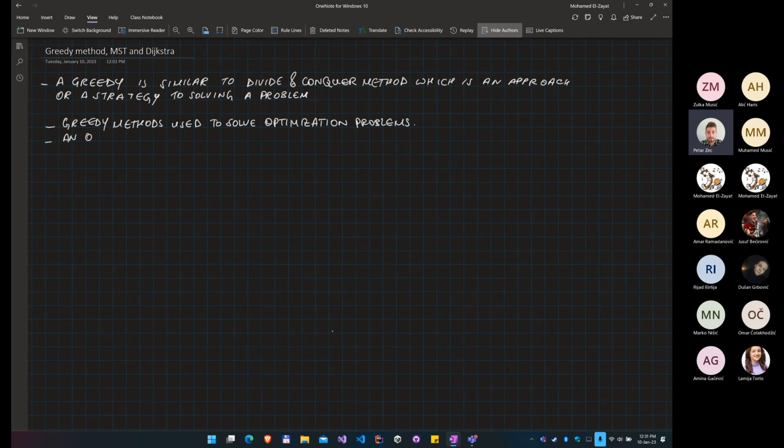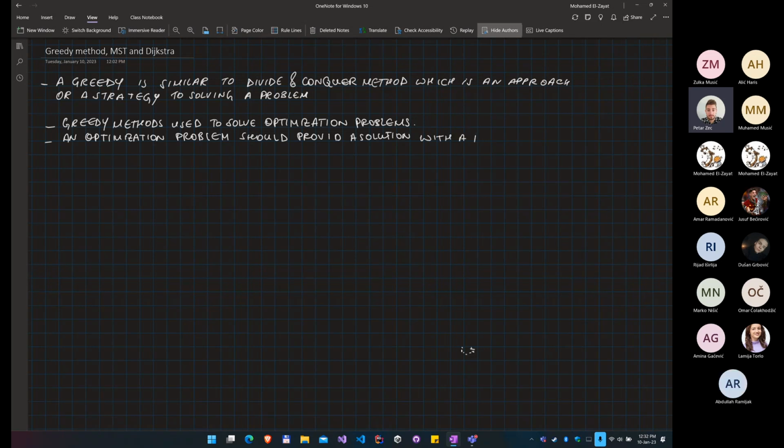An optimization problem should provide a solution with a minimum or maximum result.